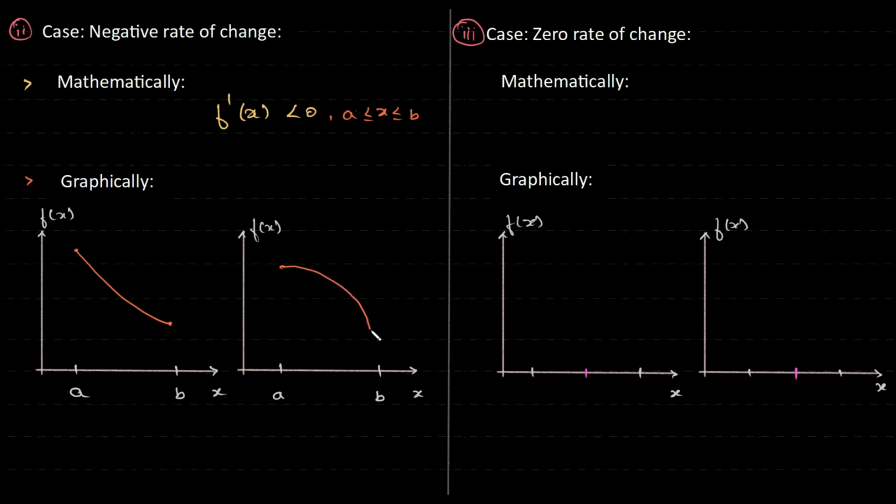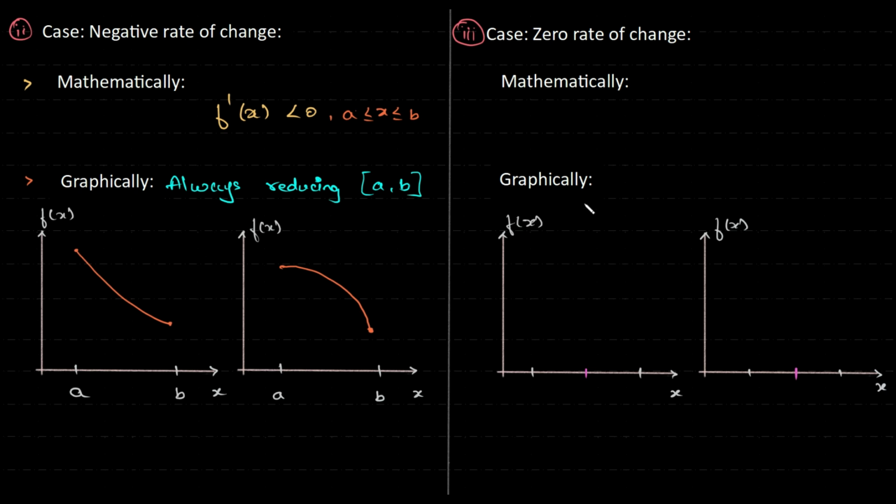Again, these are just two possibilities out of infinite possibilities. So within that interval, it is always reducing, between A and B.